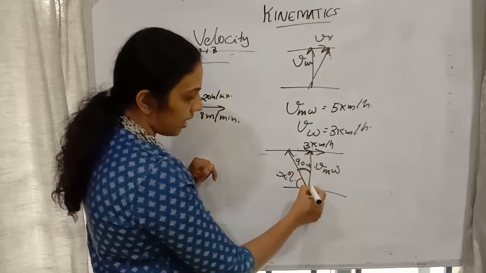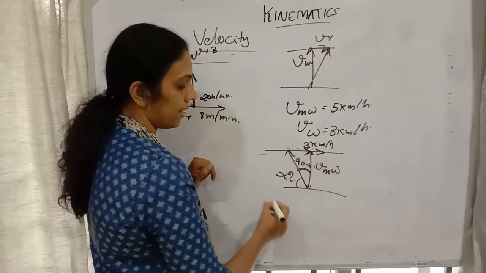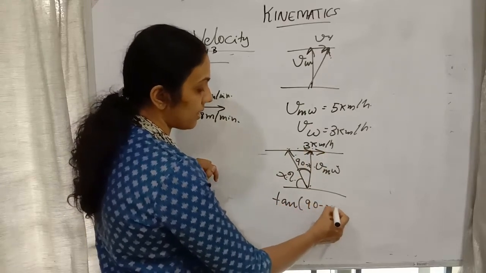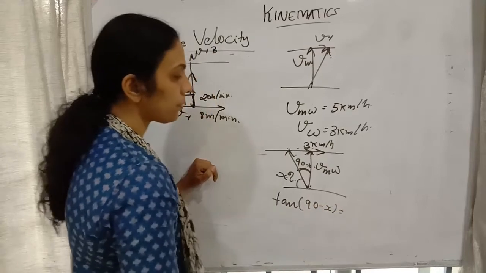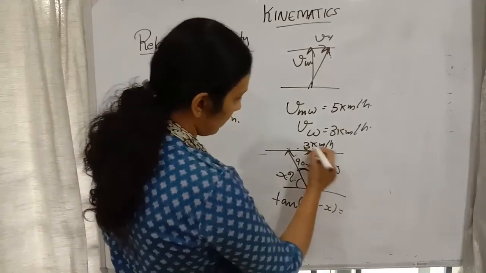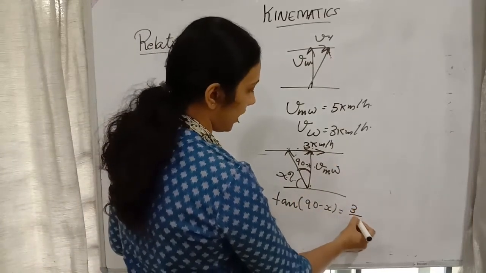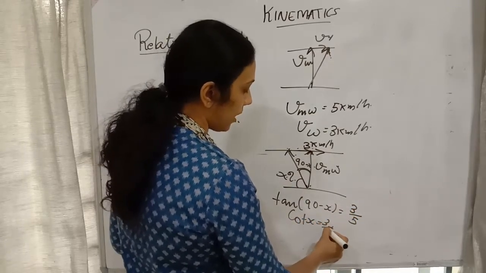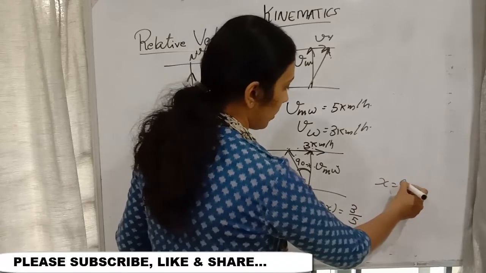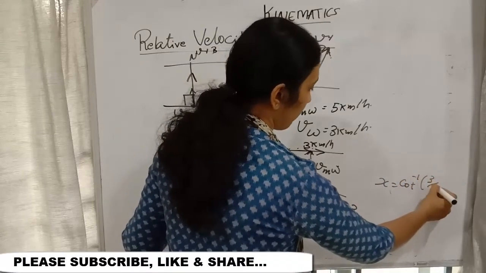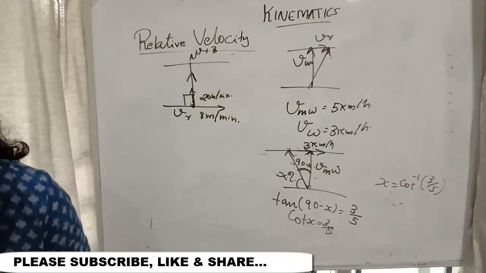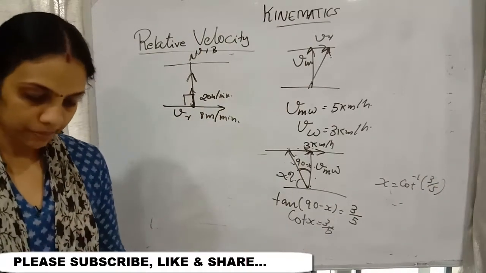Therefore, adjacent side, opposite side, so I can take tan. Tan of 90 minus x will be equal to opposite side, 3 divided by 5. Cot x equals 3 by 5. Therefore, x equals cot inverse 3 by 5. So, clear? This is how we will be finding out this point.